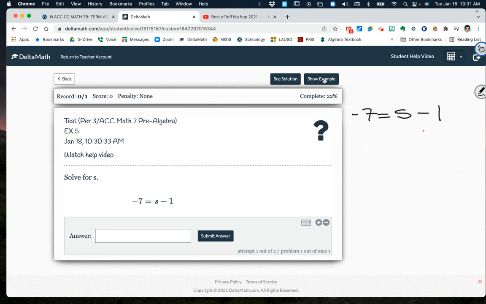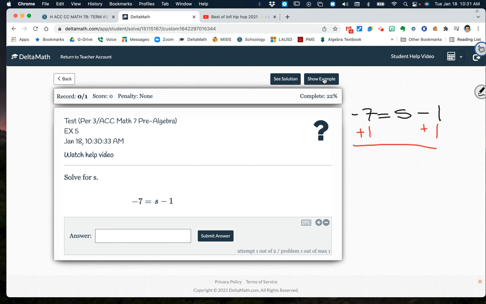Well, we want to get the s by itself, though. How do we do that? Well, it's minus or negative 1. What's the opposite? Oh, plus. Always think of what gets rid of the numbers on the same side as the variable.